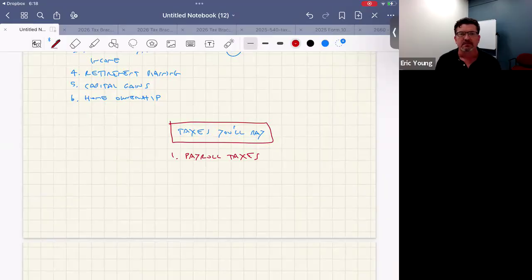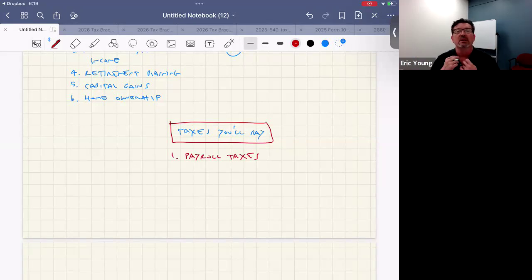Payroll taxes are, as the name suggests, taxes that are levied solely on your income. Okay? Payroll taxes are taxes that are levied solely on your income from your job. Payroll taxes are not assessed on things like rental income or investment income or interest income or anything else.